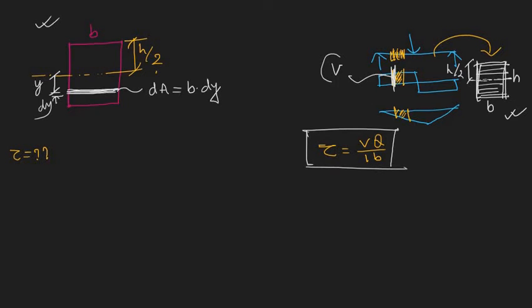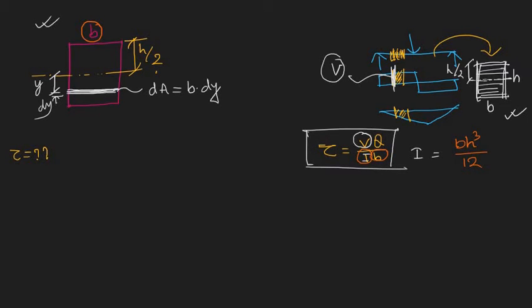For a rectangular section, V is constant, and I is also constant, given simply as b h cube by 12, nothing new. Also b is constant. So here b is constant, V is constant, and I is constant.